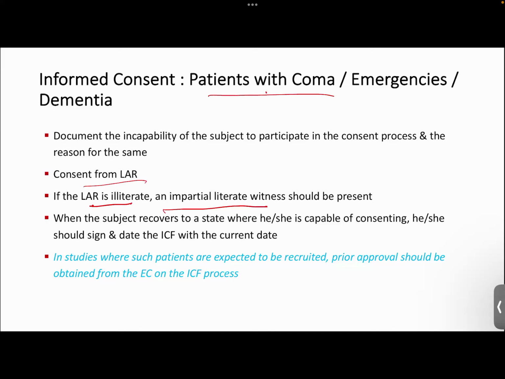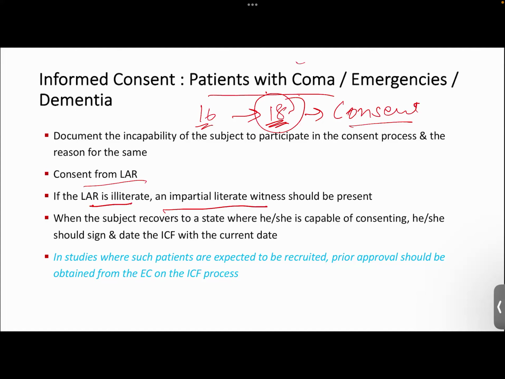Now here is additional guidance also. This also came from the Declaration of Helsinki, on what to do in case the patient is in a coma or emergency. They are saying that the moment the patient gains consciousness, take consent. It has also been revised. Just imagine the child was 16 and the trial went ahead for 3 years. Now the moment the child touches 18, take consent, because now he is capable of taking decisions for himself or herself.